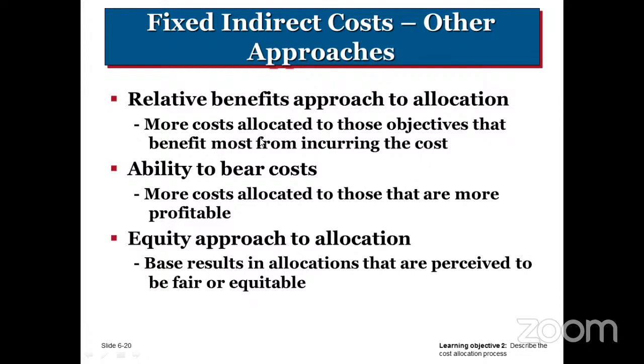That's the meaning. Ability to bear cost is very easy to understand. More cost is allocated to those that are more profitable. This is very fair. If a department is only making a profit of 10,000 per month, and you allocate to them a cost of 50,000 per month, they are making a loss of 40,000 per month. Every month they show a loss.